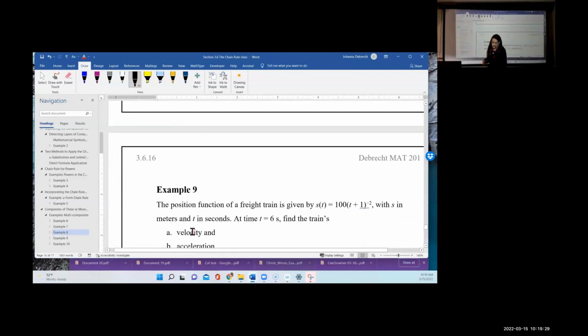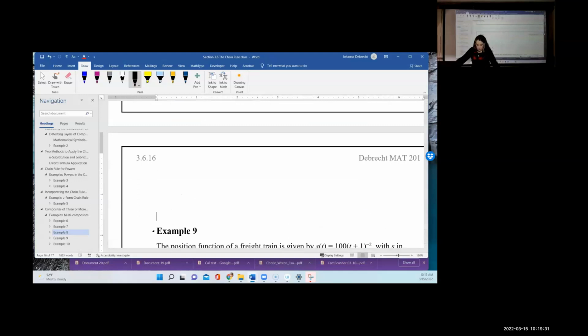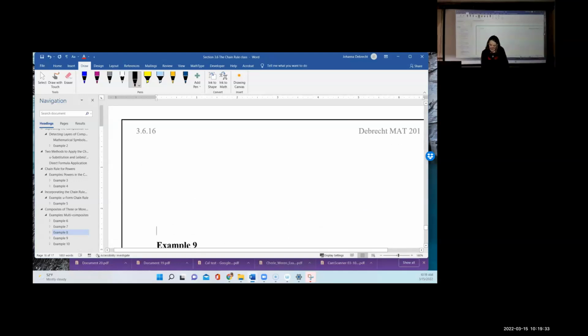If pi was just by itself, then it would be considered a constant. Then it would be 0. Yes. If I did the derivative of pi, that's 0. And I can also do the derivative of, and maybe I should write this out so you can see it, using the product rule.